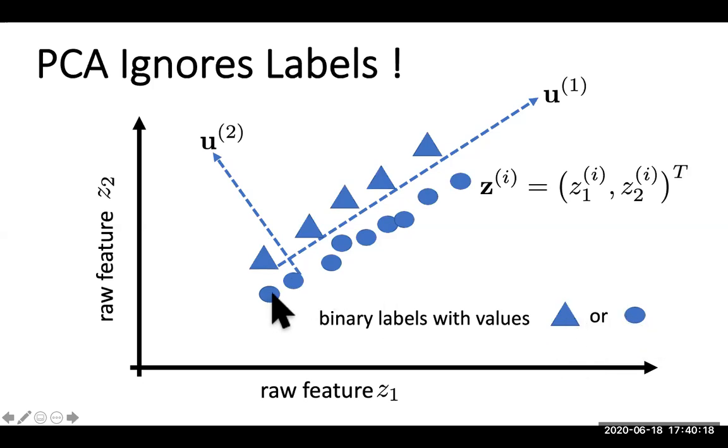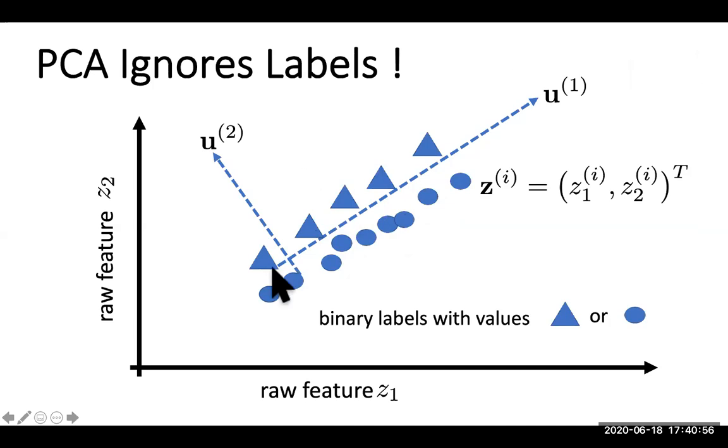Each data point either has label triangle or circle, and we would like to find a classifier that tells us if a data point is a triangle or a circle, based on the raw features C1 and C2. However, we do not want to work directly with the raw features because 2 features are too much. So we want to use feature learning to reduce these 2 features to 1 feature. So we use PCA using 1 compressed feature. So what direction will PCA use, or what will the new features look like?